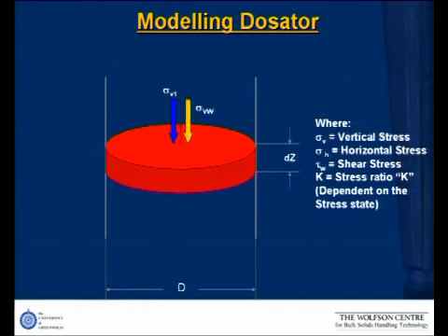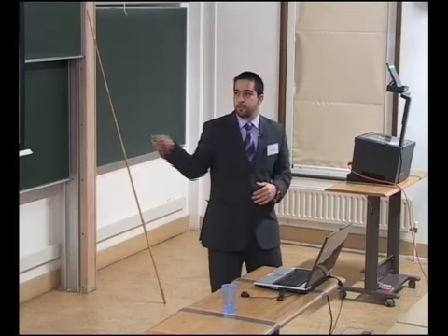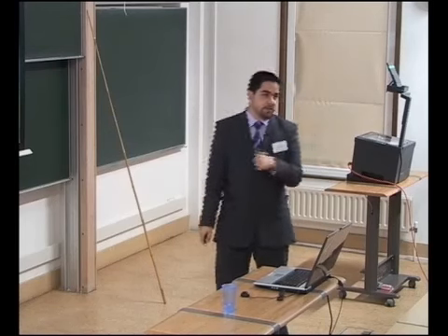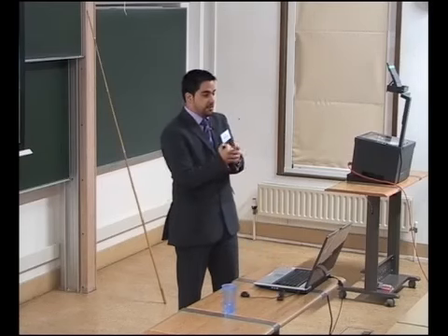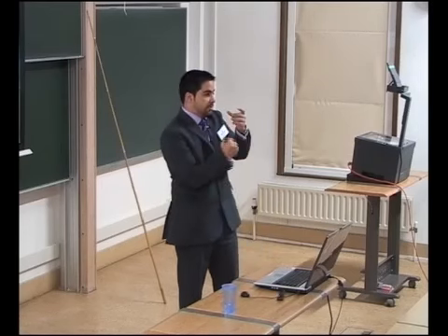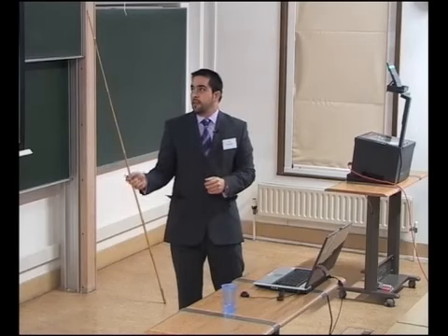Then you have a vertical stress from the previous slice, a vertical stress from the self weight as well, and a contribution of the shear stress coming from the friction. This force gives us the exponential shape I showed you in the previous slide.